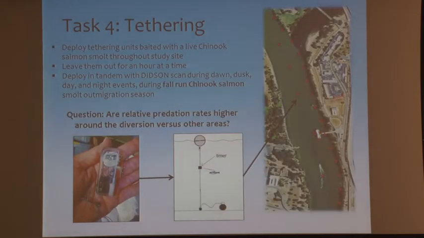Okay, this is a little bit more about the tethering results in detail. This is a schematic of the apparatus here with the hook timer. These were soaked for an hour at different stations, so these are laid out mostly along the bank and around the structures, but some also in the middle channel.